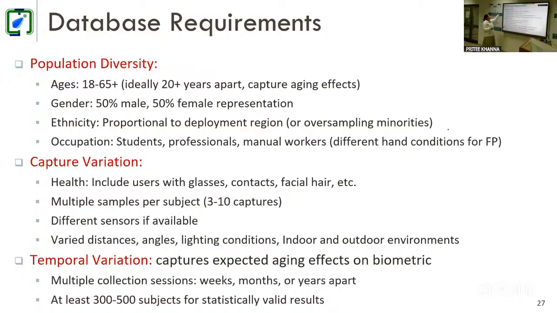So in the data which you are using, there should be population diversity, like an adequate male-female ratio, then variation, right? Some people are with glasses, some are not, some with beards, some not, like that, right? Different sensors, different angle images. Your database should contain all sorts of variety of images so that you are using your system.